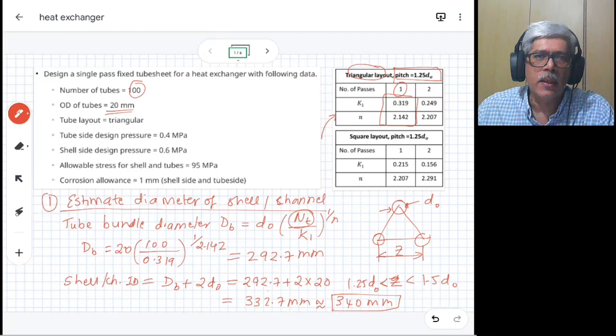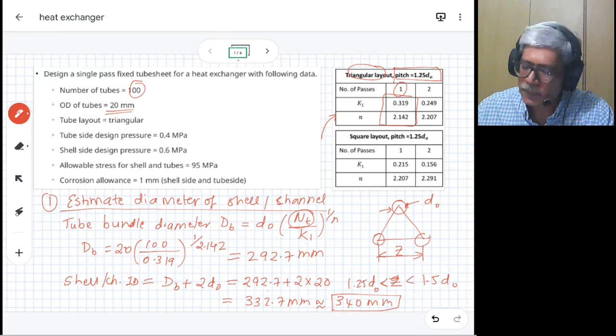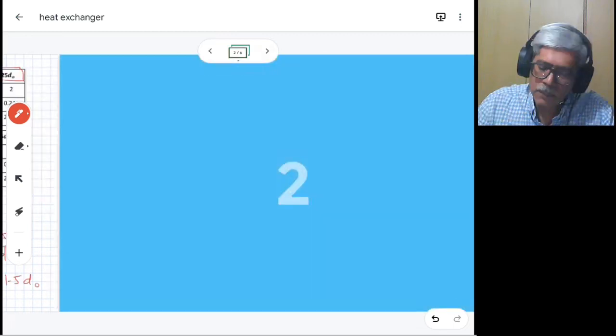Next, we'll require to calculate the thickness of the shell, for which we'll use the ASME formula for the thickness of cylinder. So second is thickness of shell.